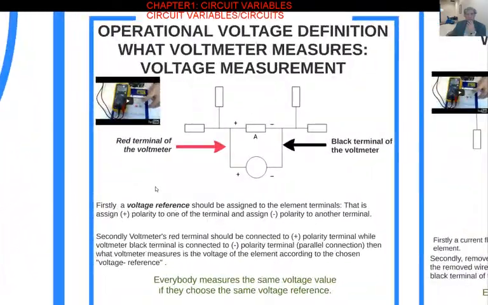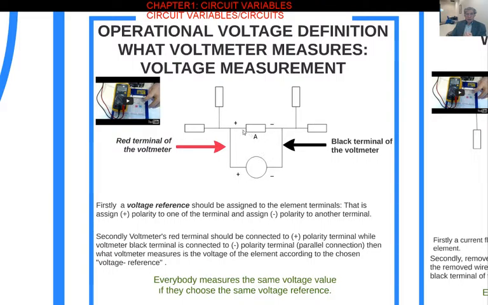So let's come to the operational voltage definition. We have done it: what a voltmeter measures is how we are going to measure the voltage. Now here we have an element A, and how are we going to measure this element's voltage? We are going to measure it by connecting our voltmeter, which is this, to this element.